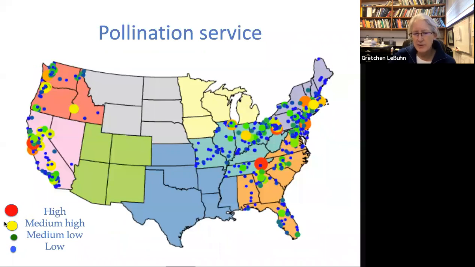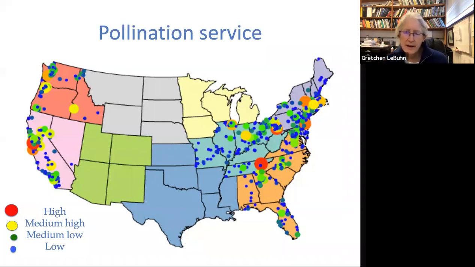So everywhere that you see a red or an orange dot is an area that has good pollination service, and everywhere that you see a blue or a green has much lower pollination service. The size of the bubble indicates sort of sites that are similar aggregate into a bubble that's of the same size.